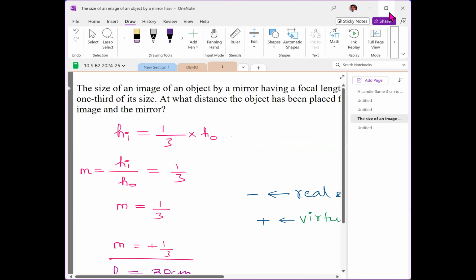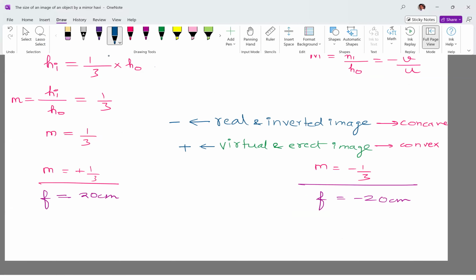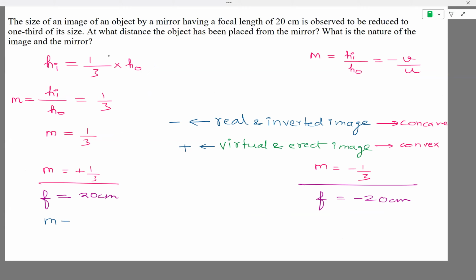Now, moving forward. Magnification is plus 1 by 3, right? So what is magnification also equal to? Minus V by U, right? Correct or not? Magnification is equal to minus V by U. Yes or no? Now magnification, we know it's plus 1 by 3.